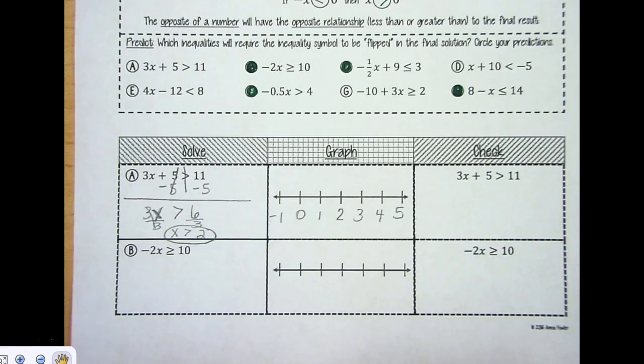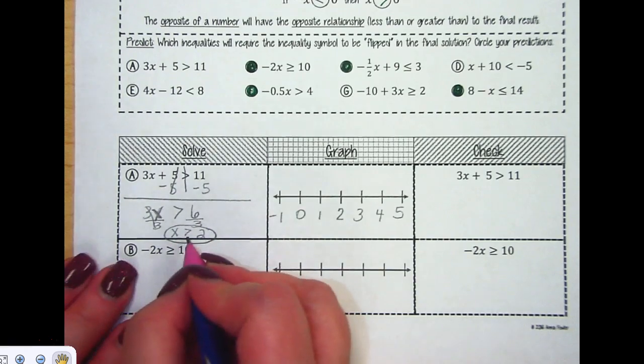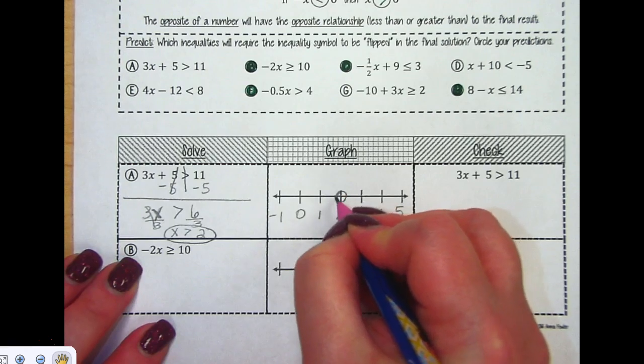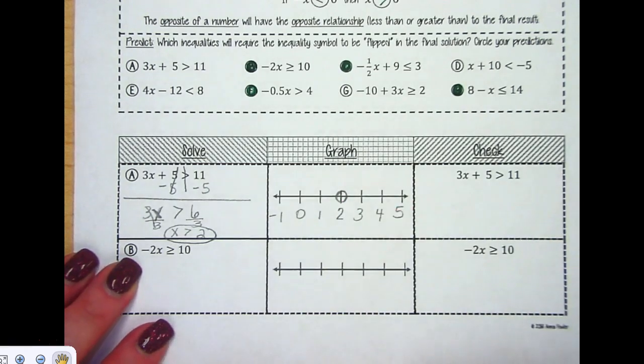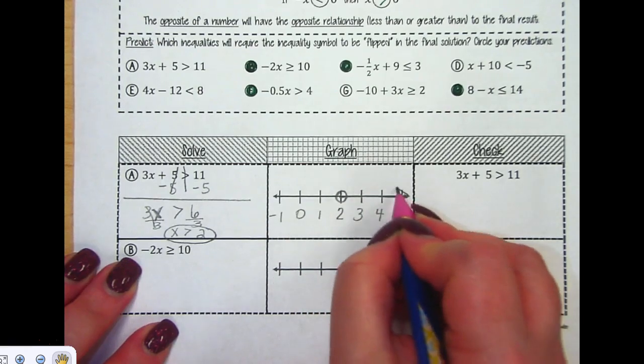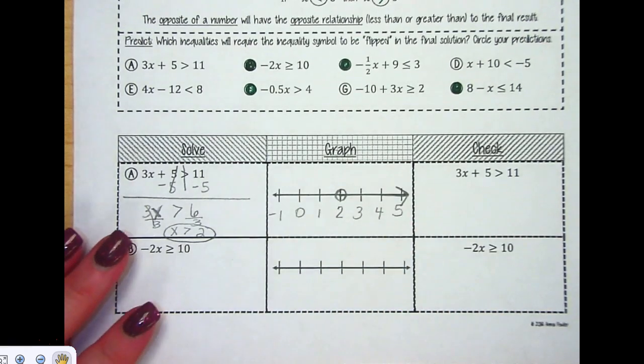Open or closed point? Open. X has to be any number greater than 2, but it does not include 2. Open, and it goes this direction.